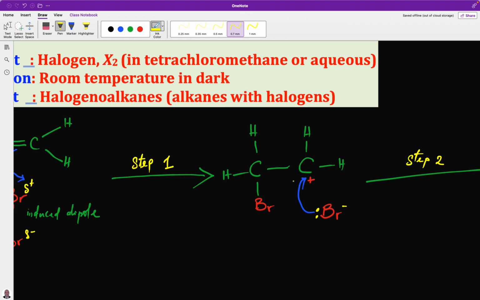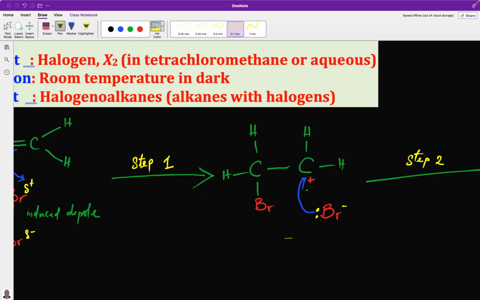What happens at this level of the formation of an intermediate is that the carbocation that is formed is rapidly attacked by the bromide ion, thereby donating the lone pair of electrons that it took from this fission to the positively charged carbon.